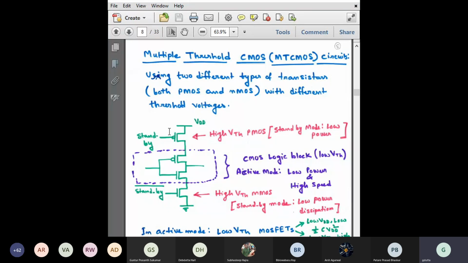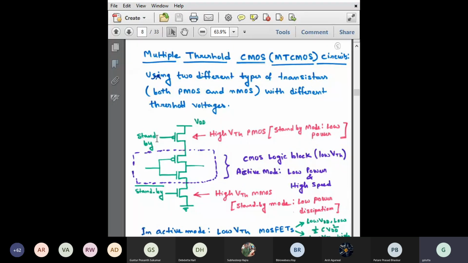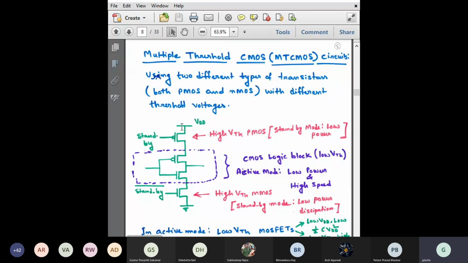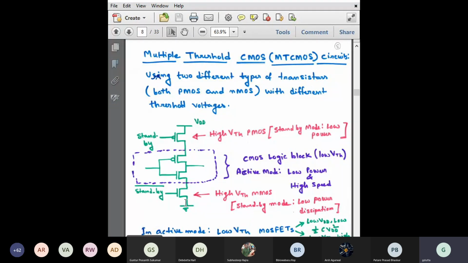During standby, when it is not switching, you apply here 1 volt and apply here 0 volt. As the threshold voltage is higher, the leakage current will be lower. So the overall leakage from VDD to ground is reduced, right?